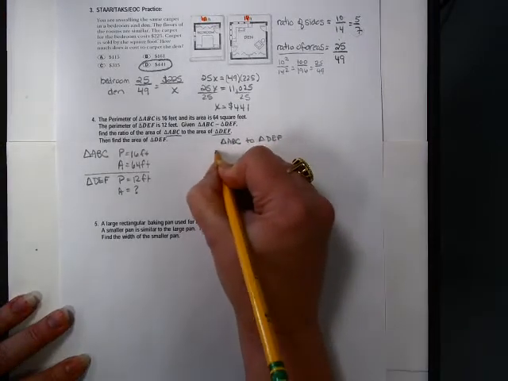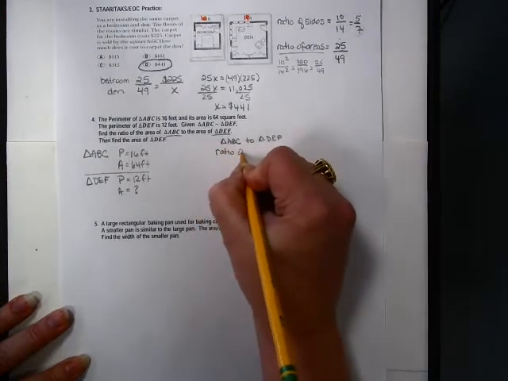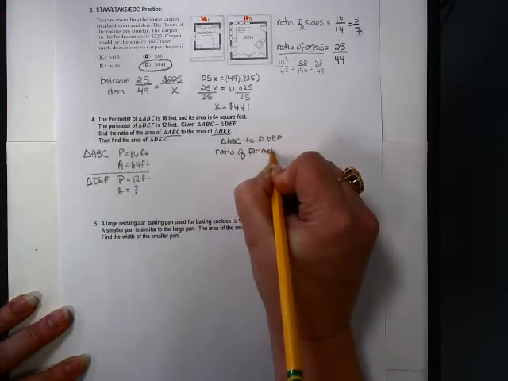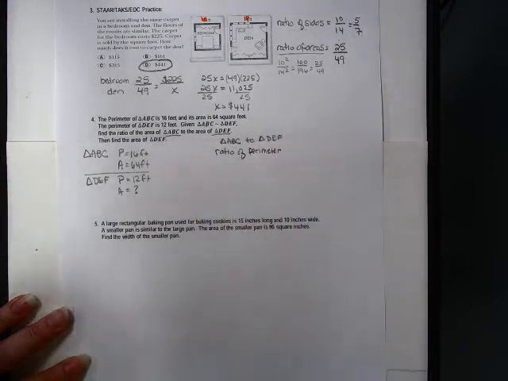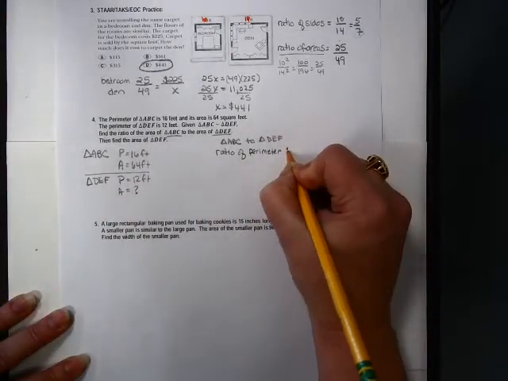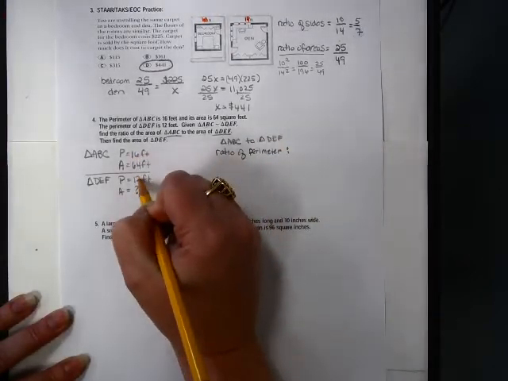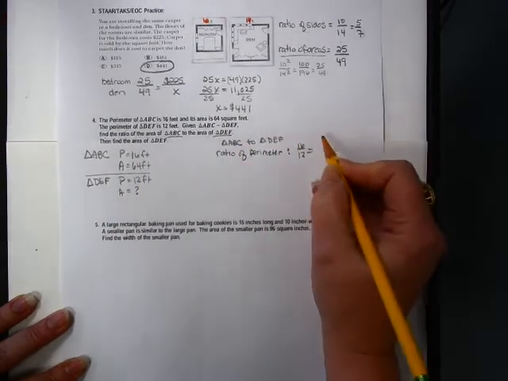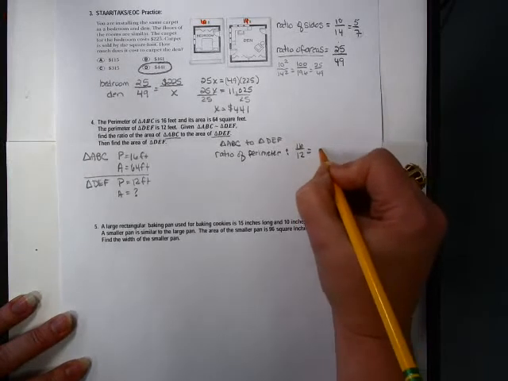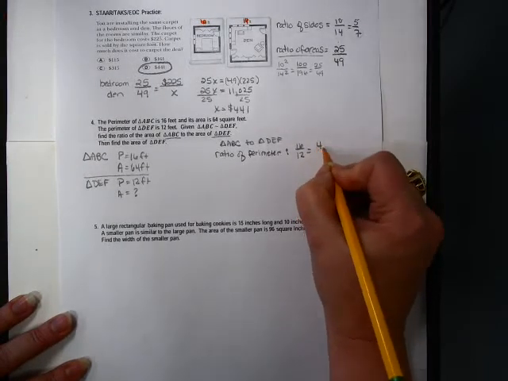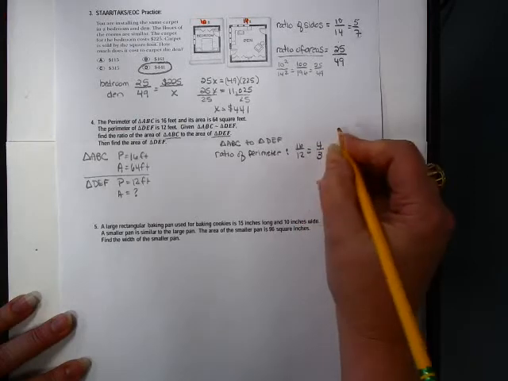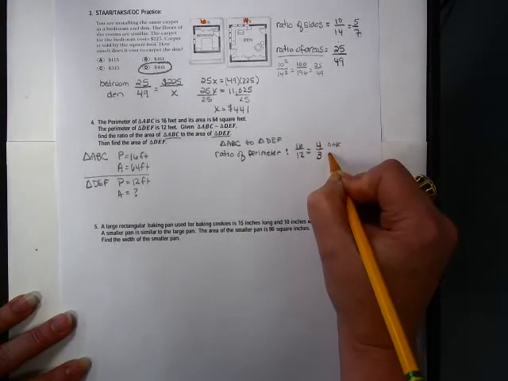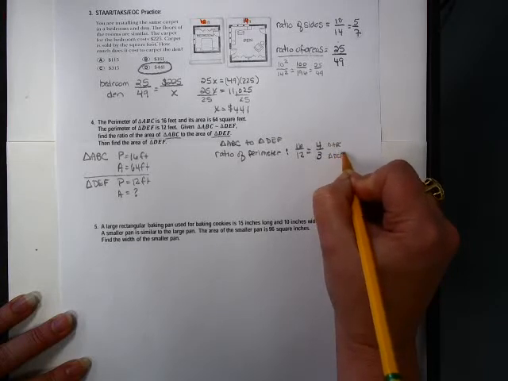So the ratio of the perimeters is just 16 over 12, and that reduces to 4 over 3. Remember, the 4 represents triangle ABC, and the 3 represents triangle DEF.